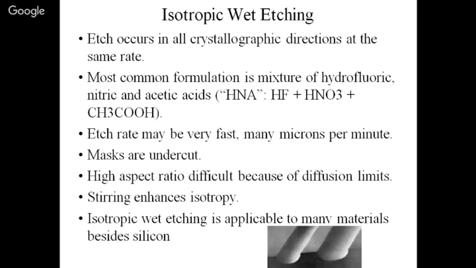Etching rates may be very fast, many microns per minute. Masks are undercut, and high aspect ratio is difficult because of diffusion limits. Stirring can enhance isotropy. Isotropic wet etching is applicable to many materials besides silicon.